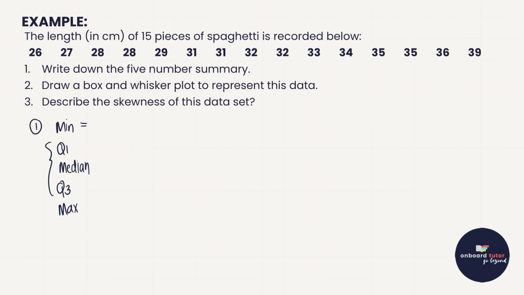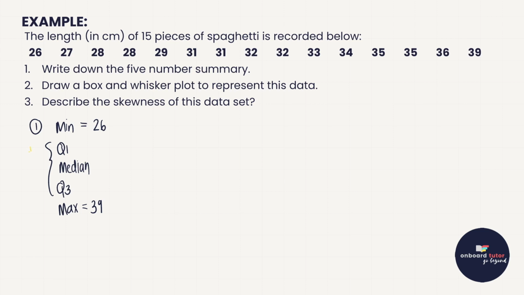So the lowest score there is 26, and the highest score there is 39, or rather, the shortest piece of spaghetti is 26 centimeters, and the longest piece is 39 centimeters. Okay, now to get to my quartiles, the first thing I want to do is work out the position of each of them.